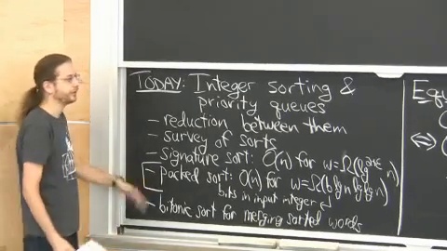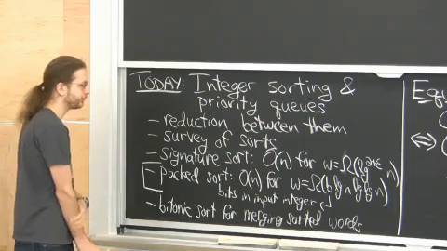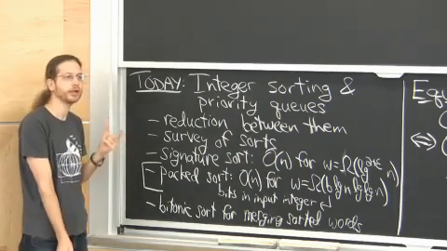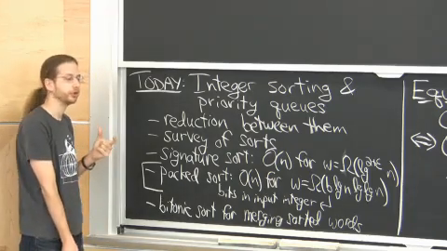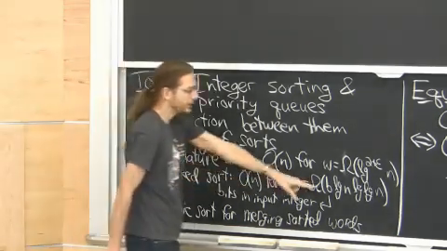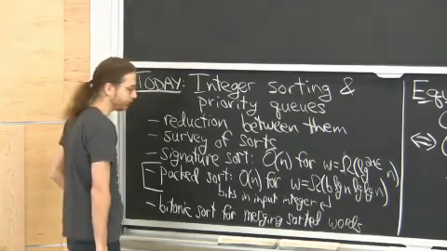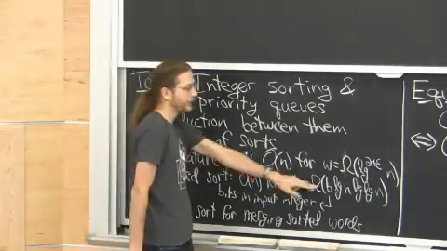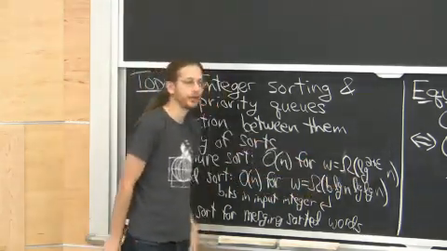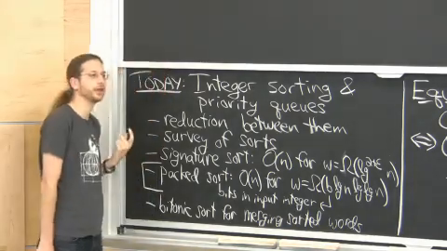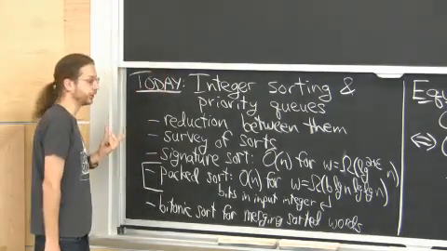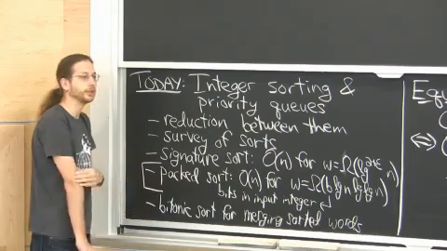This doesn't fit in the regular table because it's for a situation when more than one input number fits in a word. So we're going to let b denote the number of bits in the inputs, so we have b-bit integers. Then when w is at least b times log n log log n, so you can fit log n log log n integers in a single word, then you can sort them in linear time.